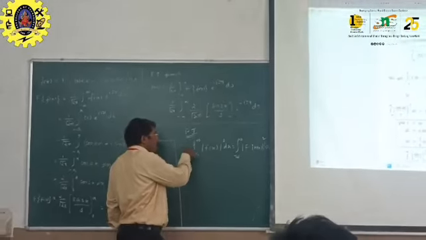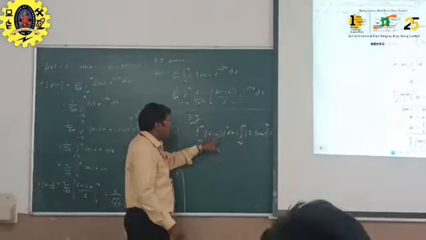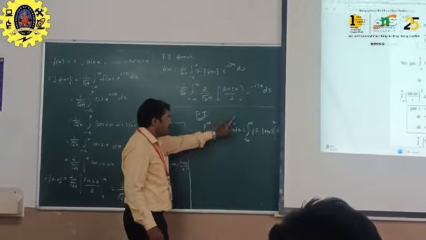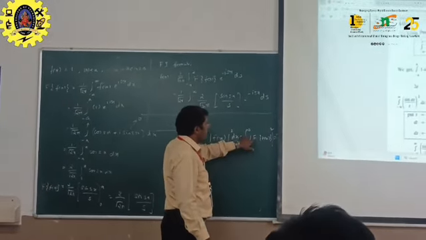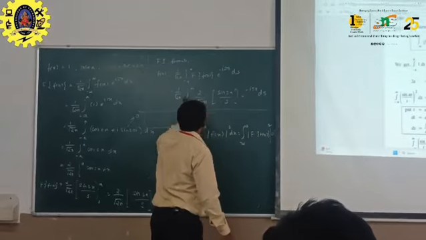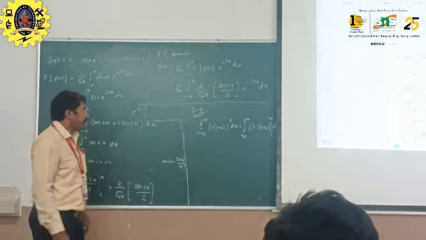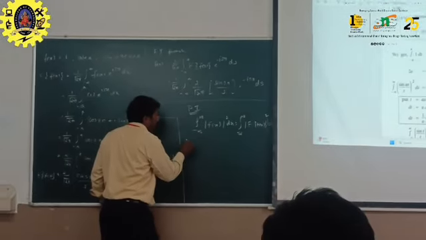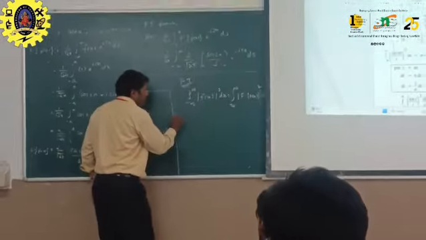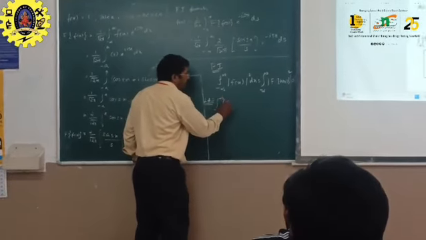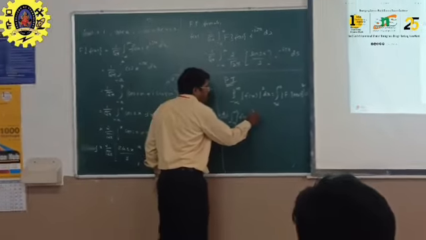In this formula, on the left side I substitute f of x, that is the given function in the question. Here it is 1. On the right-hand side is the Fourier transform of f of x, so the answer I got in the Fourier transform, I will apply that. Then I will expand the series. So let us take the left-hand side. It is the integral from minus infinity to plus infinity of mod f of x square dx.